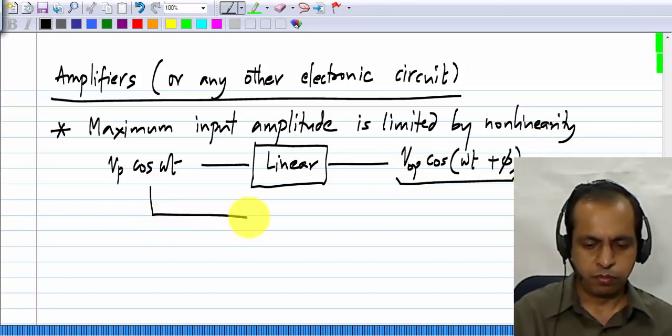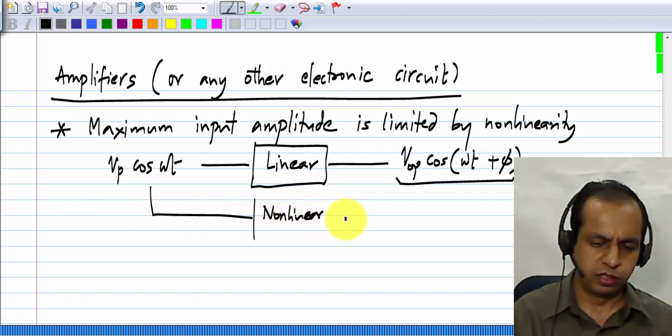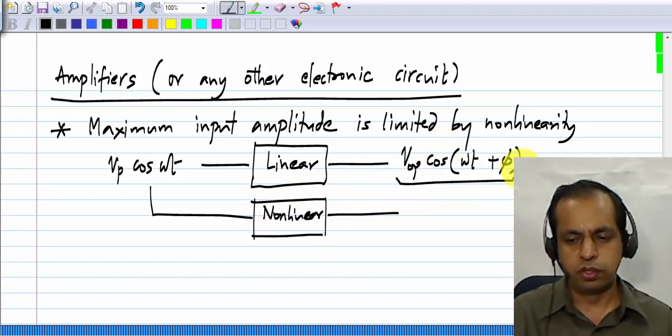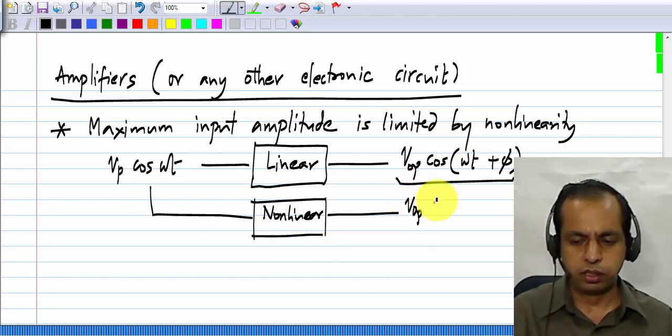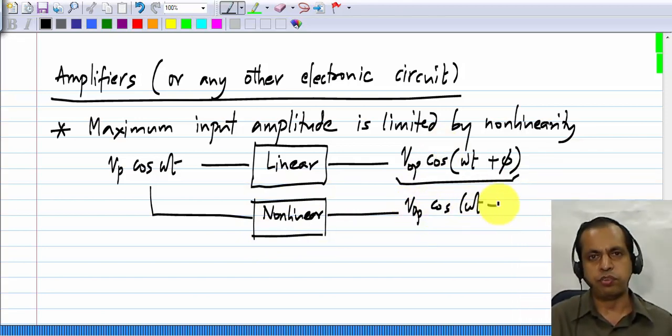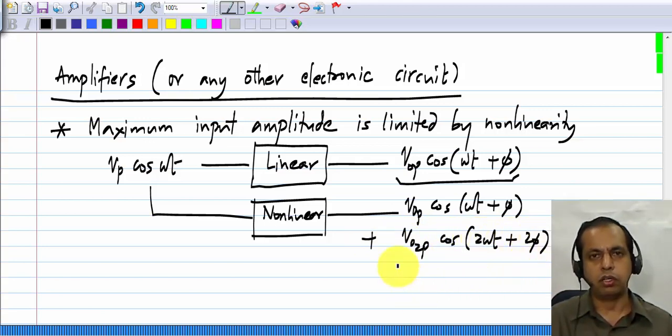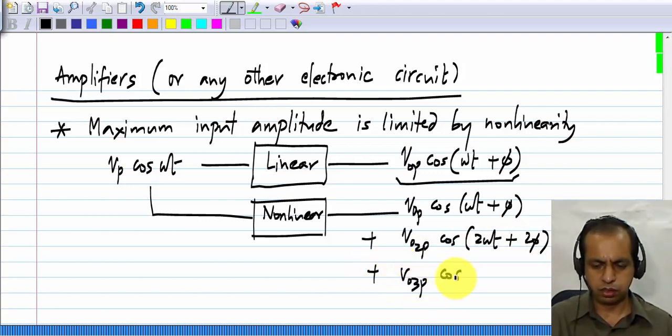But if you put it into a nonlinear device, and our amplifier is of course nonlinear, we'll have a component at the same frequency as the input, but we'll also have in general all the harmonics of the input.